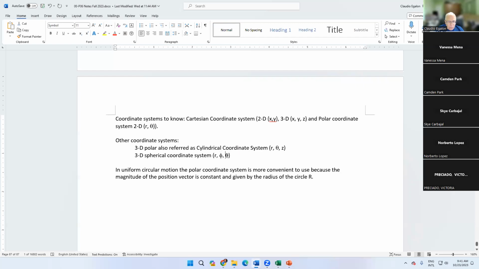This one here should be 90 degrees minus the latitude. Yeah, that's right. Latitude is equal to 90 degrees minus theta.